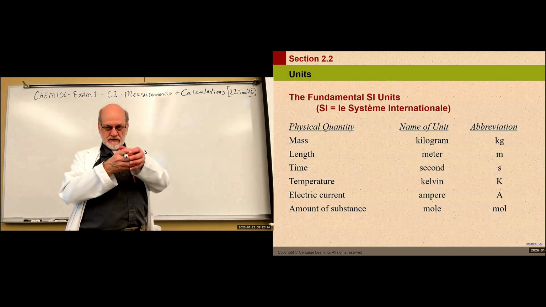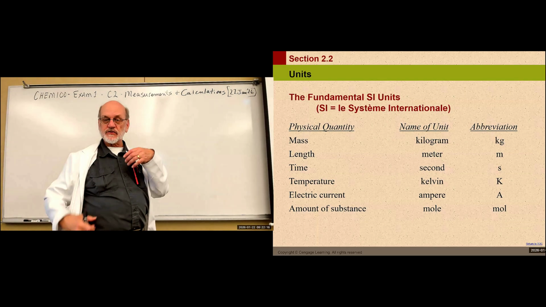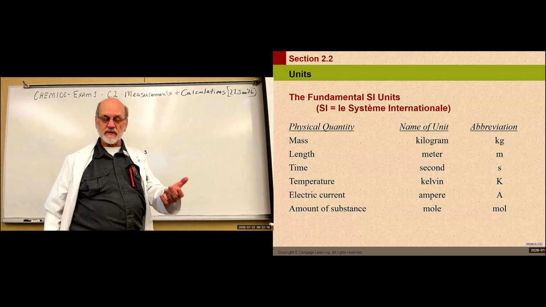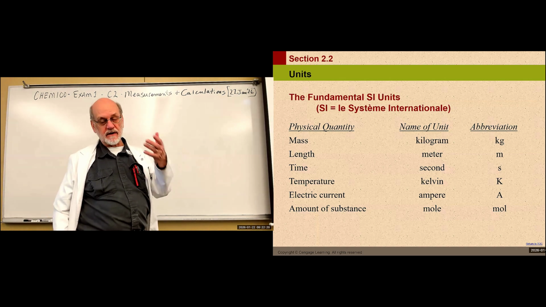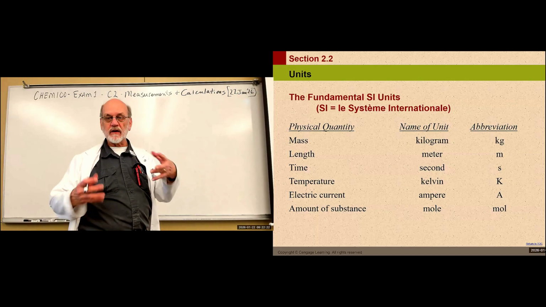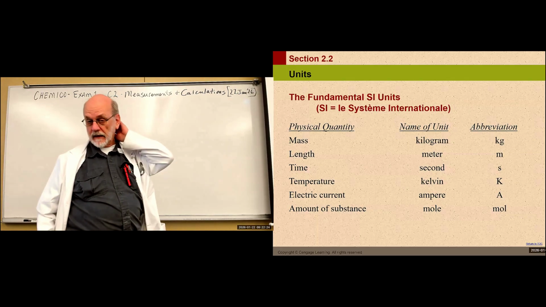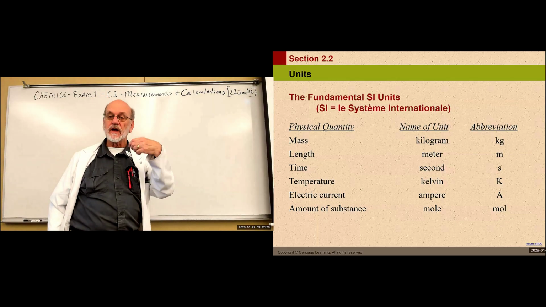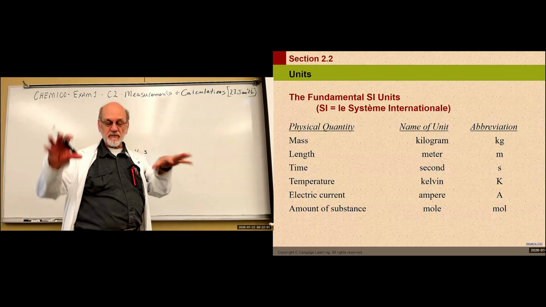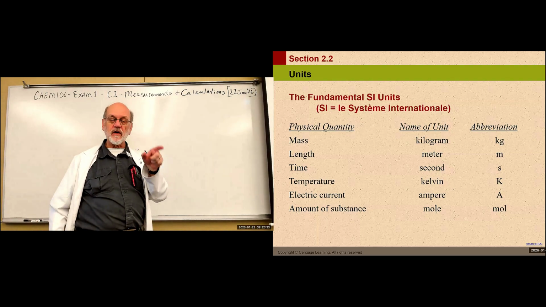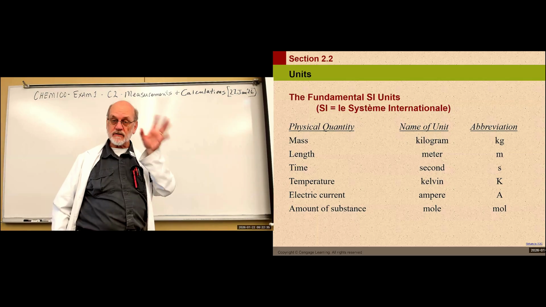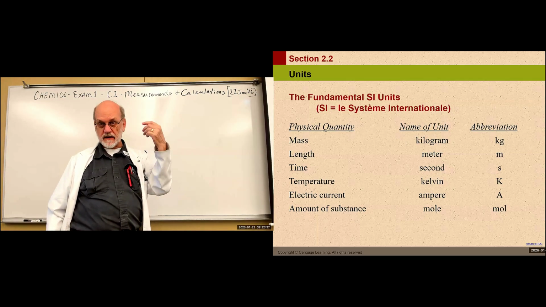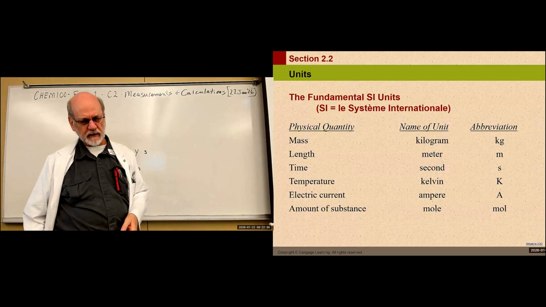And it's a certain size, and it's stored at constant temperature. Used to be in a cave in France under a double bell jar with argon in it. And if you wanted to standardize your kilogram against the standard, you send it to them, they compare it, and they tell you the mass of your kilogram compared to the standard.